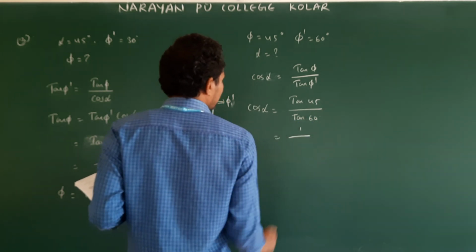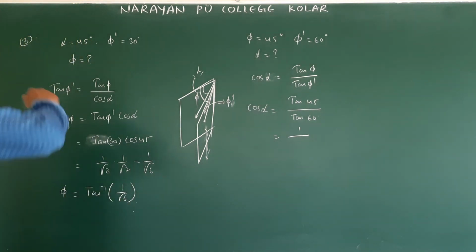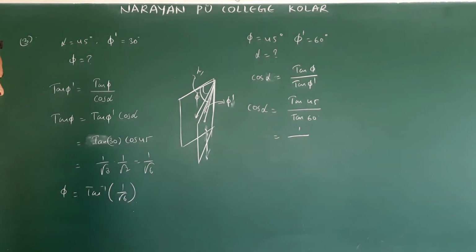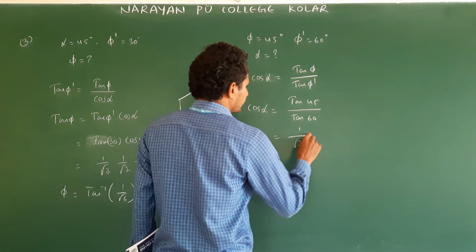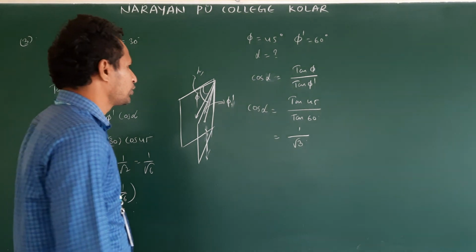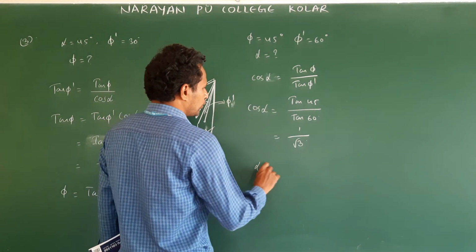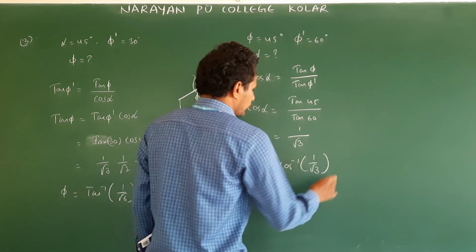This is 1 by tan 60. Tan 60 is what? Sin 60 by cos 60, root 3 by 2 divided by 1 by 2, this is root 3. Clear? So alpha is equal to cos inverse of 1 by root 3.